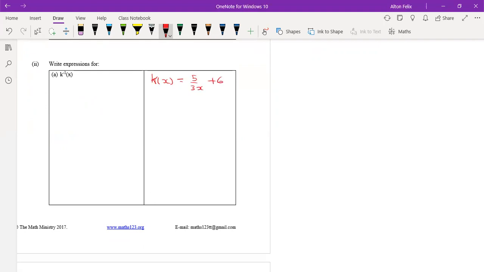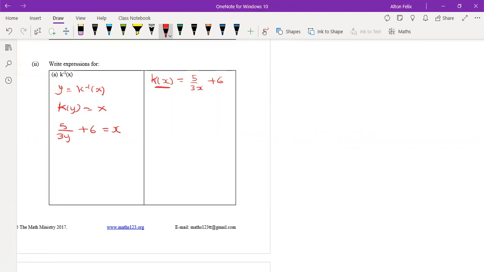So we usually say let y equal k inverse of x. So we know k of y will be x, and we find k of y using the function. k of y would be 5 over 3y plus 6 equals x. We've got to manipulate this equation to make y the subject.